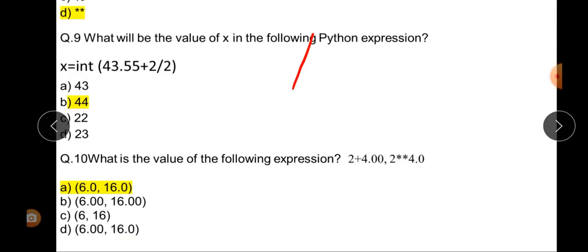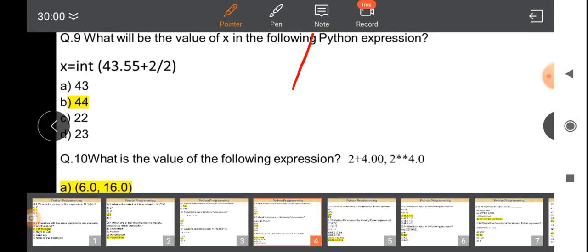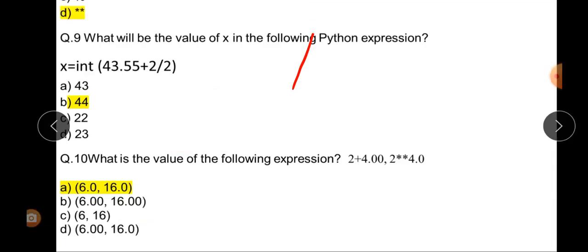Actually, there is an expression given already, and as we can see on the screen, an integer value is added to a float value, and the expression is given as 2 plus 4.0. So when we add 2 to a float value, our answer is 6. Now there is a confusion whether the answer is 6.0 or 6.00.